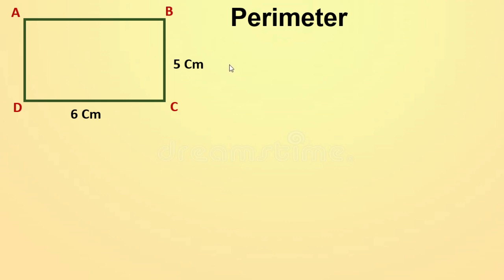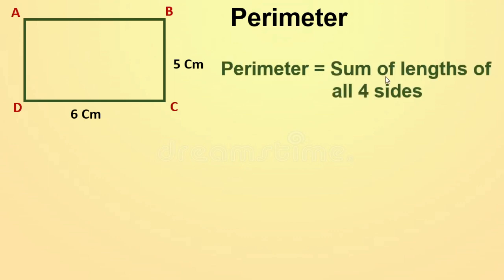First we will write perimeter is equal to sum of lengths of all four sides. Isn't it? This we know. And the sides also we know: AB, BC, CD and DA. But see here only two sides are given. This is 6 centimeter and this is 5 centimeter.